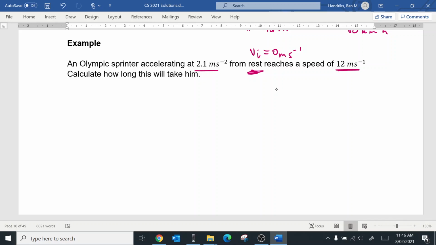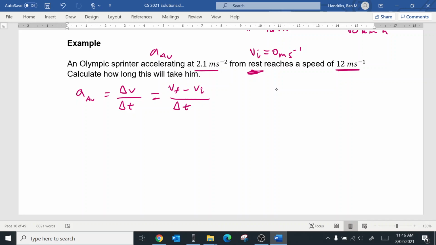Okay, so if we remember from a bit earlier, we had average acceleration is equal to change in velocity over change in time. It's equal to Vf minus Vi over change in t. I'm just going to leave change in t as is. But we know what the acceleration is. We know what A average is. So we want to rearrange for t.